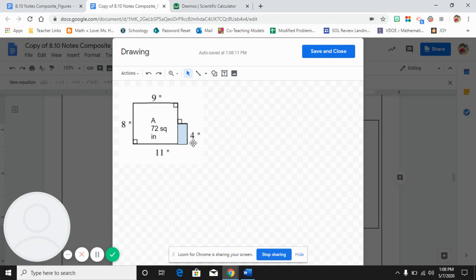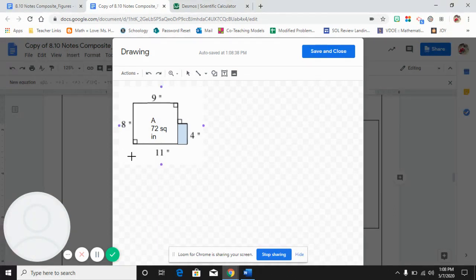So 4 is talking about the length of it, but what's the width of this? 11 is referring to the length all the way from here to here. So 11 is not quite the length of it. We really just want to know what's the length of this little piece right here on the bottom.